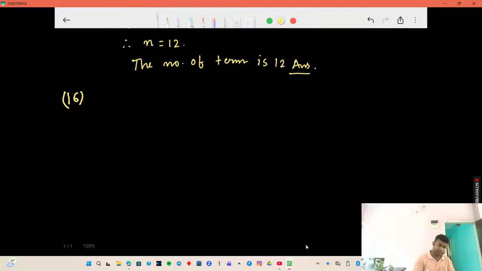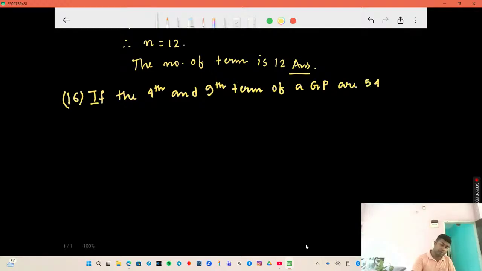If the fourth and ninth term of a GP are 54 and 13122 respectively, find the geometric progression.